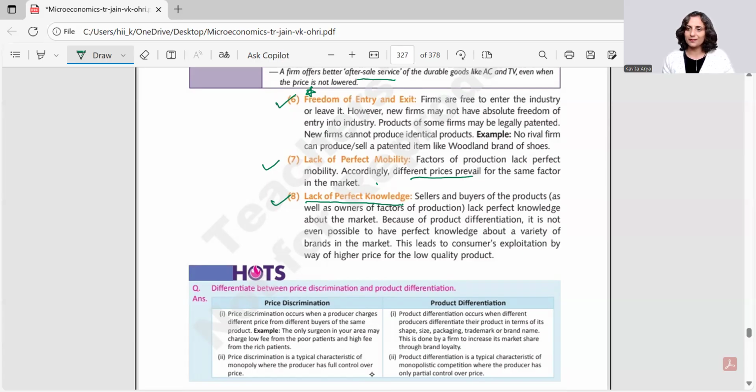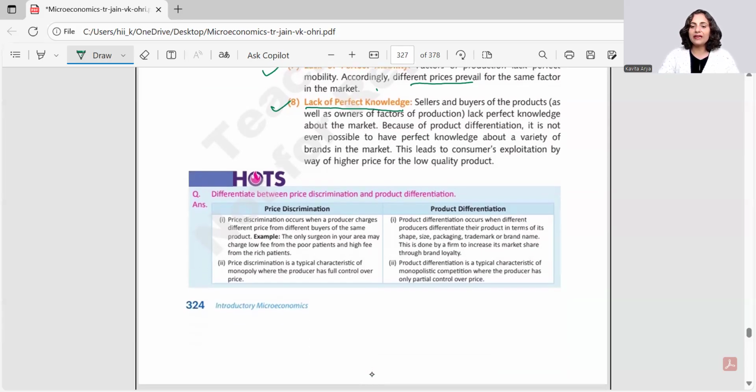So far in these market forms, we have talked about two types of differentiation. One is price discrimination and the other is product differentiation. What is the basic difference between the two? One clear difference is that product differentiation is a part of monopolistic market, whereas price discrimination is a part of monopoly.